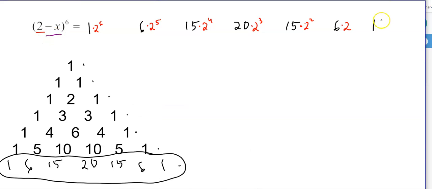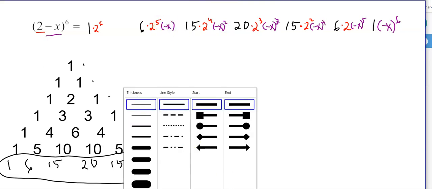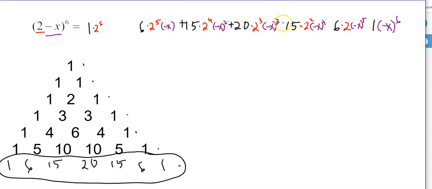Negative x to the sixth, going backwards: negative x to the fifth, negative x to the fourth, negative x to the third, negative x squared, and just plain old negative x. Right now, there are just plus signs in between, and we're going to figure out if some of these simplify a little bit.